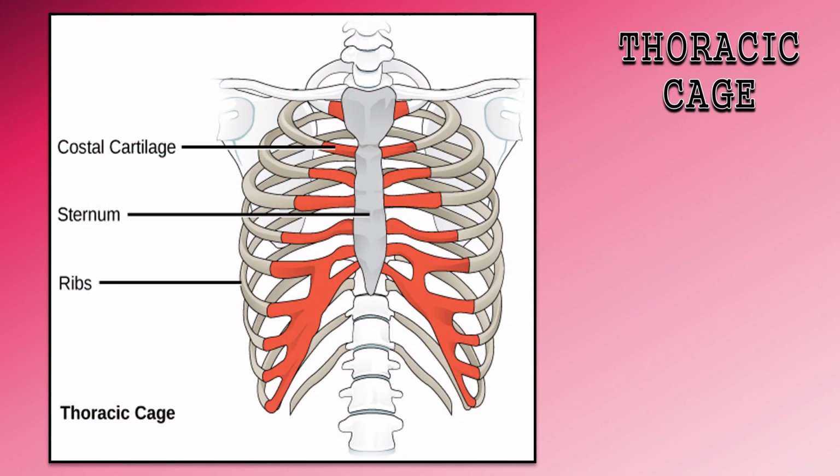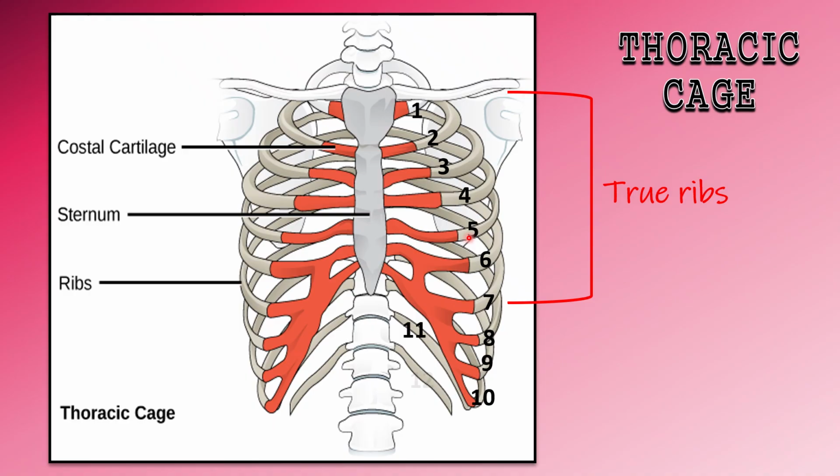All right, so here we see our thoracic cage, numbering from top to bottom. Those are your true ribs, 1 through 7. As you can see, they are connected directly to the sternum via the costal cartilages.